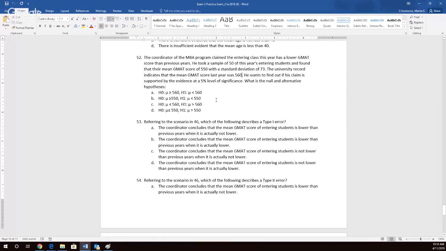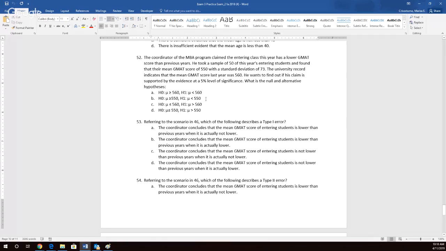The only one here that has the alternative that your mean is less than 560 is this one right here. And to get your null, you just take the opposite of your alternative. So your null is that the mean is greater than or equal to 560, and your alternative is that your mean is less than 560.